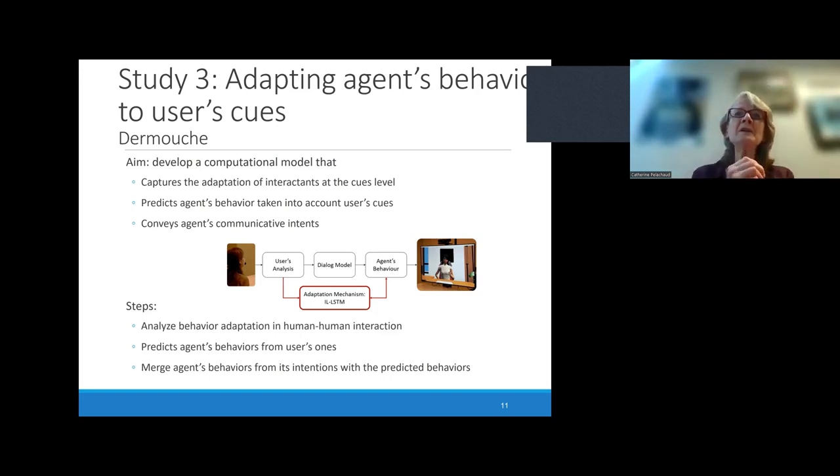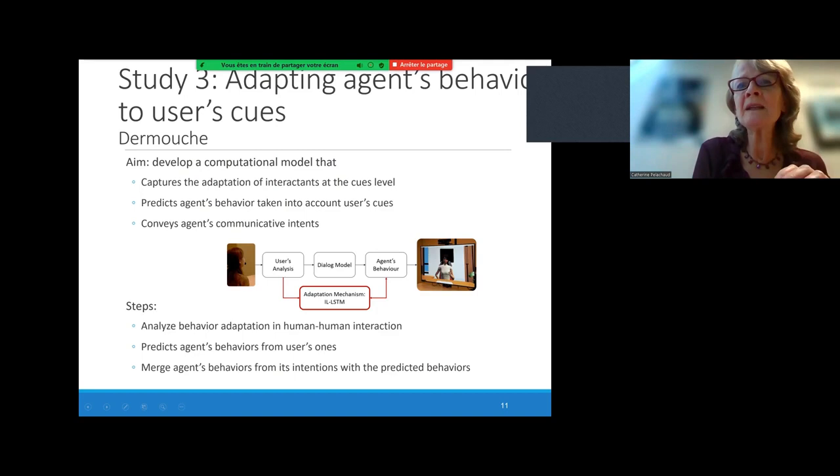So in this work, we wanted to develop computational models that capture the adaptation of the interaction at a cues level. And we want to predict the agent behavior taking into account the user's cues levels, while the agent, of course, should convey the communicative intents.